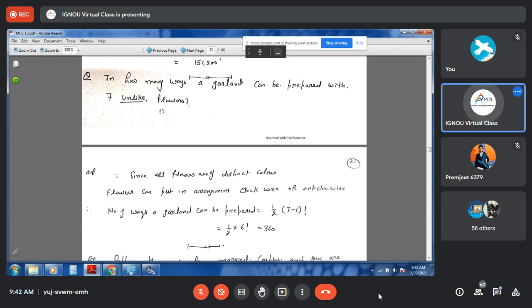Either they are yellow or sometimes roses red. But here the situation is that a garland is to be made and all the flowers are of different colors, say yellow, red, white, and so on, blue. There are 7 different types of flowers. How many ways can a garland be prepared?